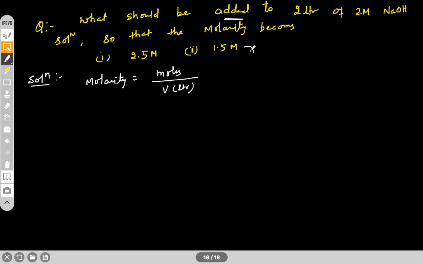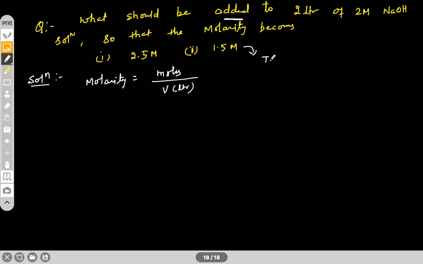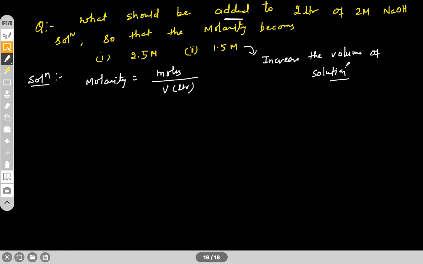So in the second case, what we have to do, we have to increase the volume of solution in order to decrease the molarity from 2 to 1.5. NaOH is solid here. Okay, so in the second case, if you have to decrease molarity, we have to increase the volume.